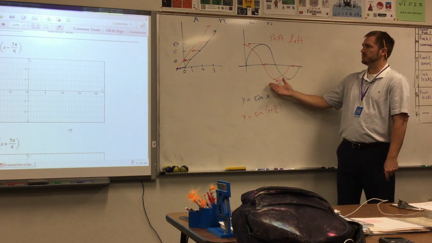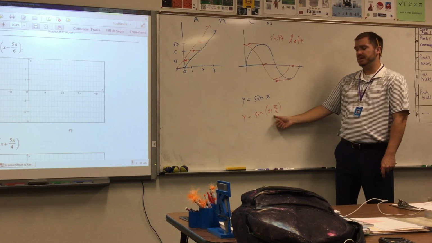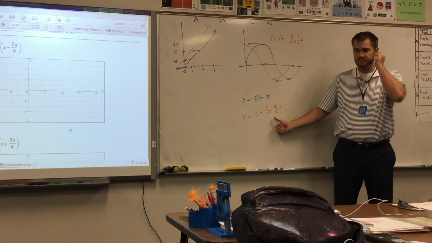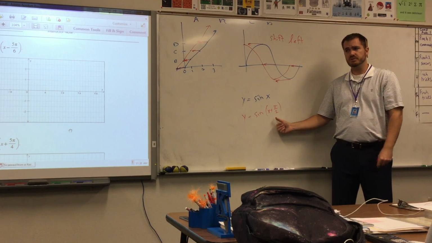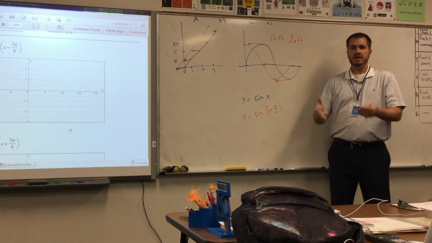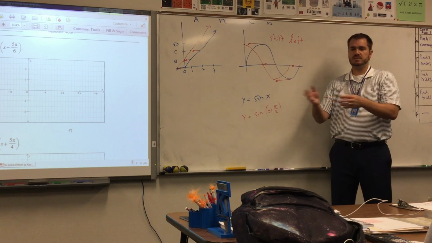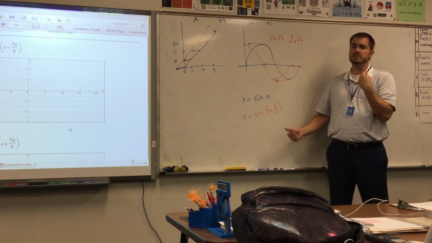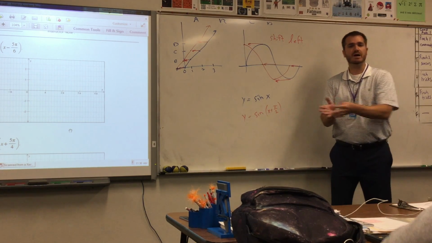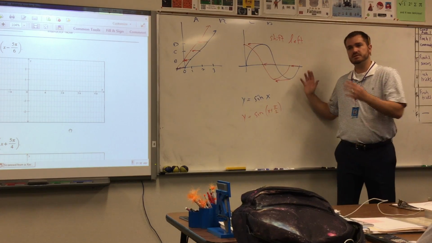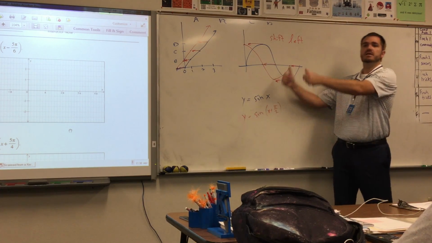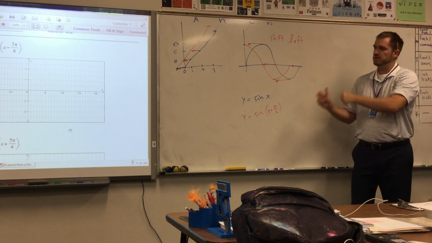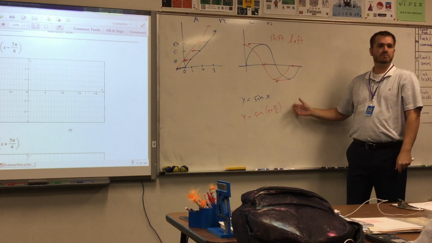So that results in a graph which is shifted to the left. This may have thrown you last year in Algebra 2, when you were graphing f of x plus k or f of x minus whatever. The plus and the minus was always the opposite. If it was a plus, that was a left shift. If it was a minus, that was a right shift.